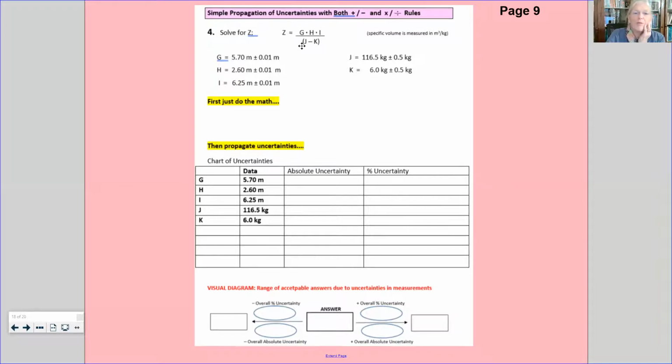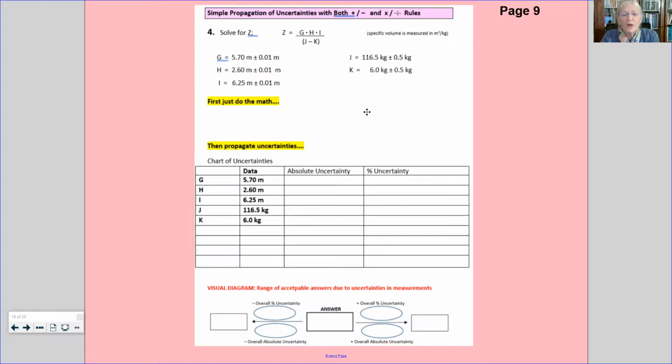You need to both multiply all those top numbers, which means you need to add their percent uncertainties. But you need to subtract the bottom numbers, which means you need to add their absolute uncertainties. Then you need to calculate the percent uncertainty of this parenthetical phrase so that you can add all of these percent uncertainties together.